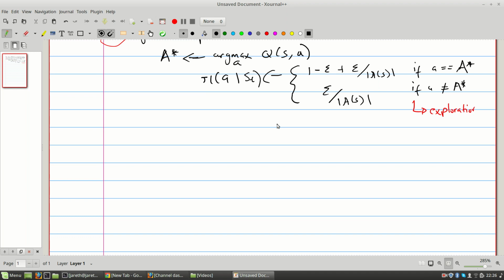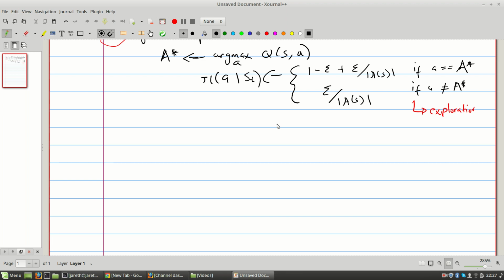When we're talking about on-policy, it's a kind of compromise, because we learn action values not for the optimal policy, but for a near-optimal policy that still explores.